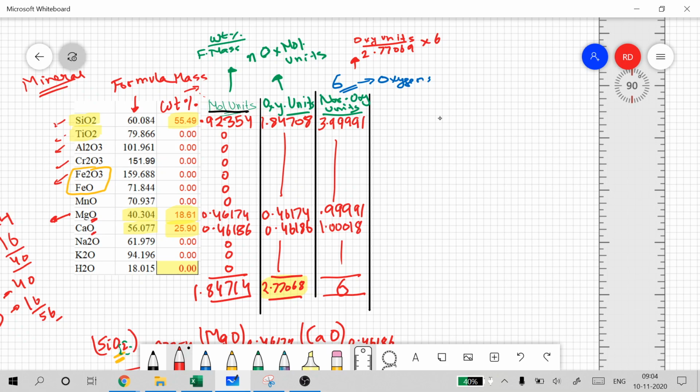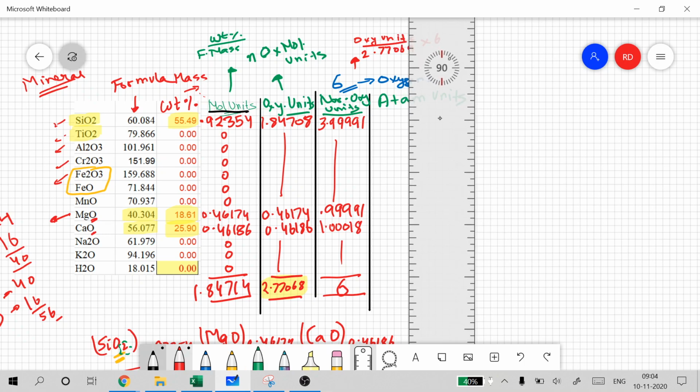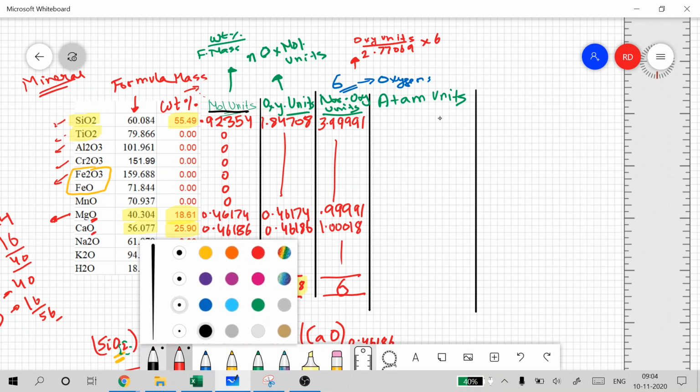So now in the next step, the data that is finally given to you is atom units. Finally what you do is you calculate those atom units, and what you write here is those atoms.